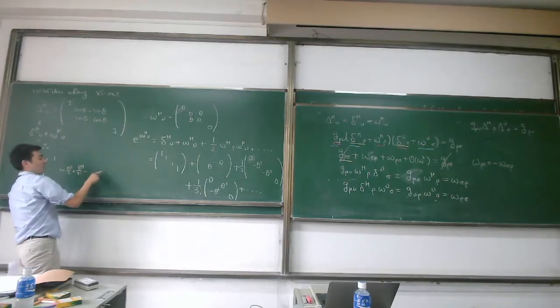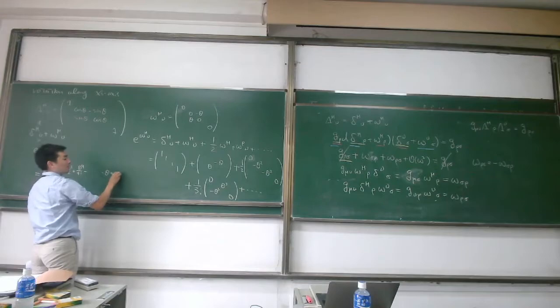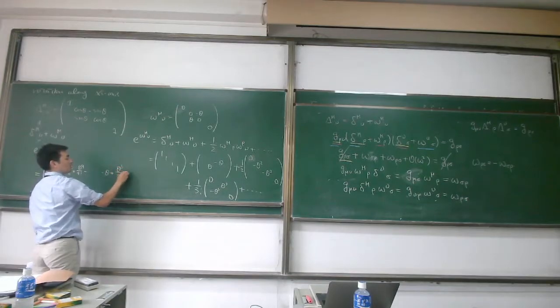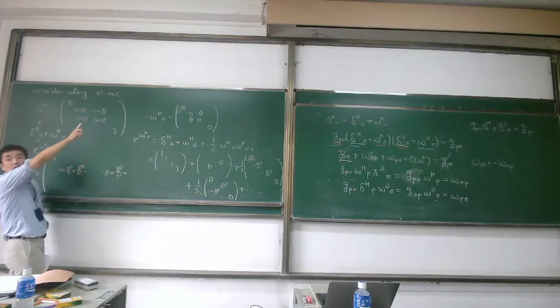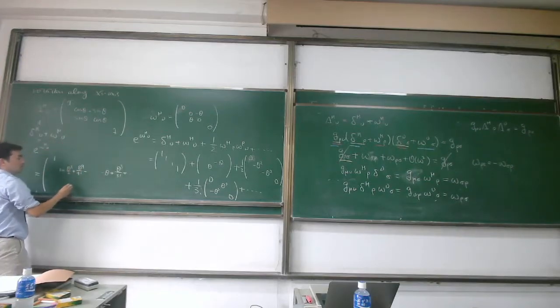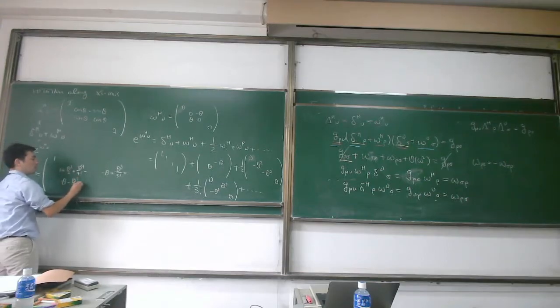And then here you have minus theta plus theta cubed over 3 factorial, dot dot, which is minus sine theta. Okay? Taylor expansion, minus sine theta. And here you have theta minus theta cubed over 3 factorial plus dot dot.